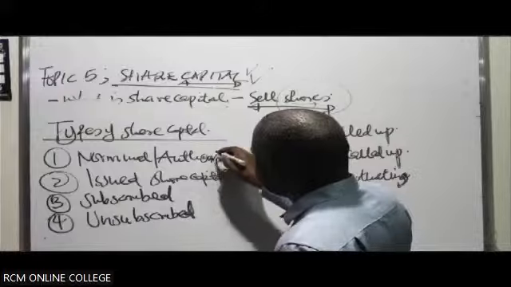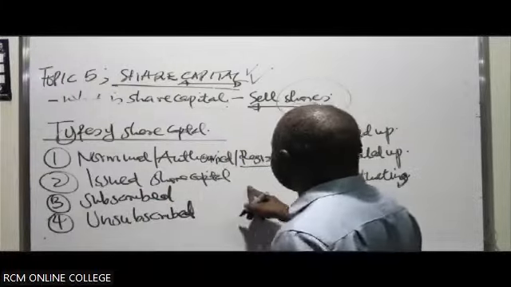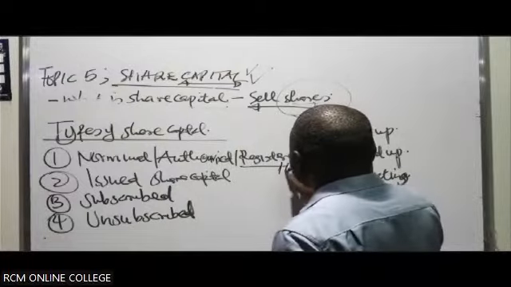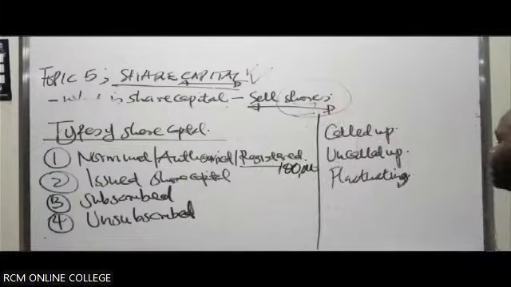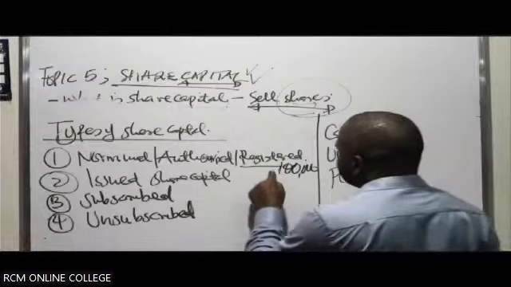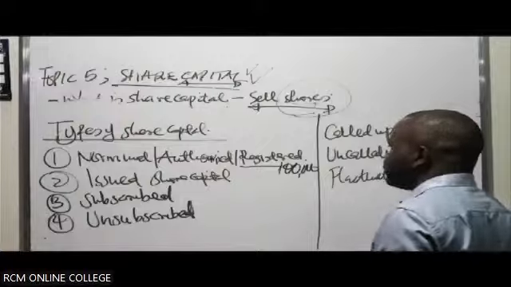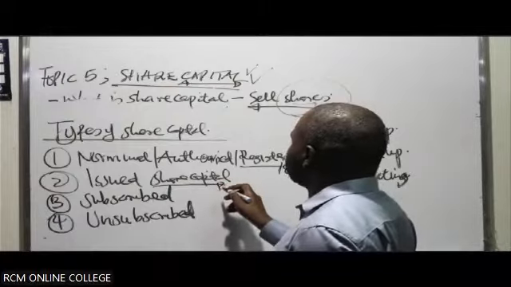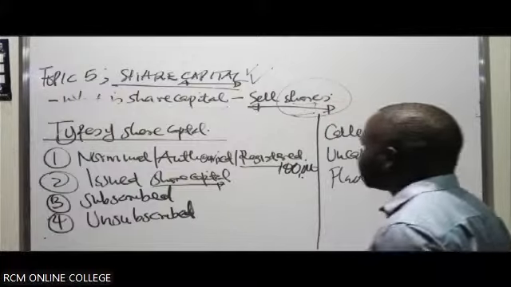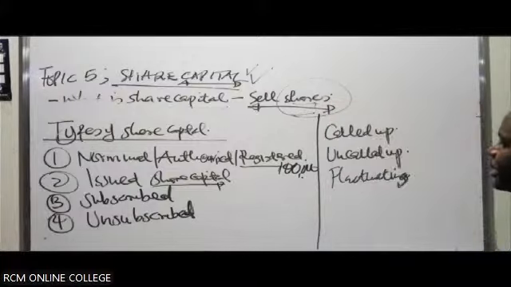Out of it, you can issue. Maybe the registered capital could be 100,000. So you register your company with 100,000, and then you can issue part of it. What you issue out of this 100,000 is what we refer to as the issued share capital.